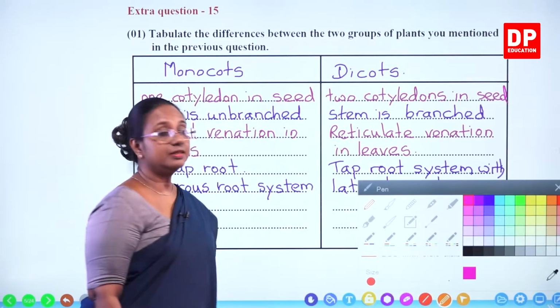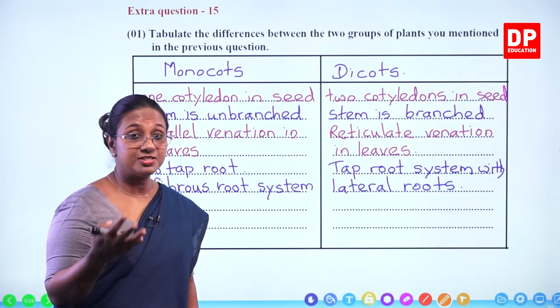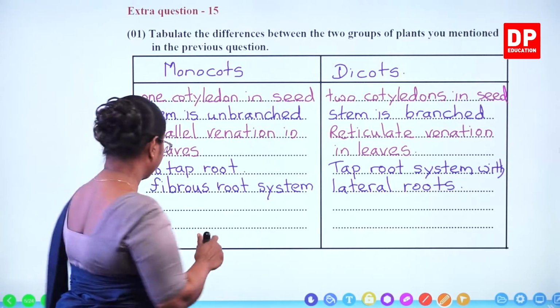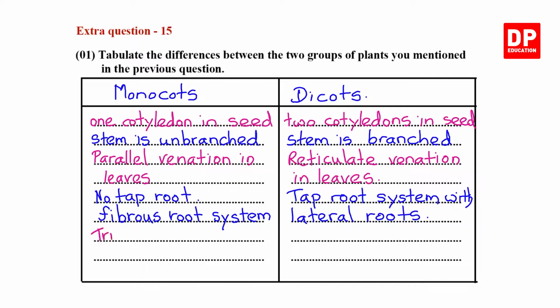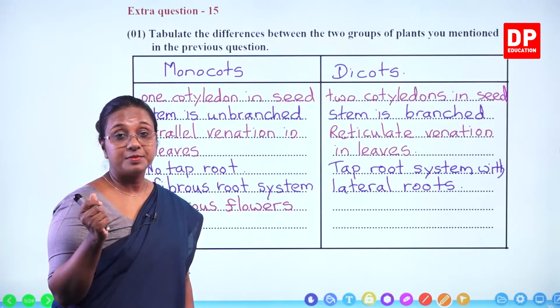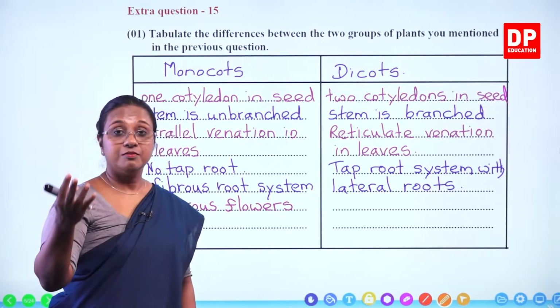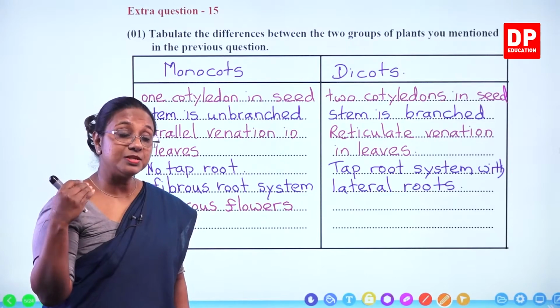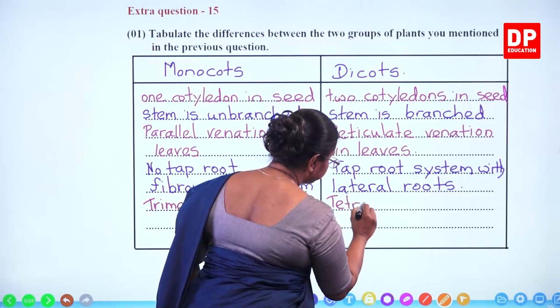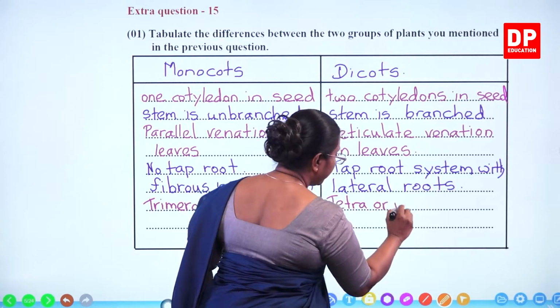Then we have another difference. The number of petals in the flowers. Monocots have trimerous flowers. Dicots, tetramerous or pentamerous flowers. 4 petals, 5 petals or multiples of 4 or 5 petals.